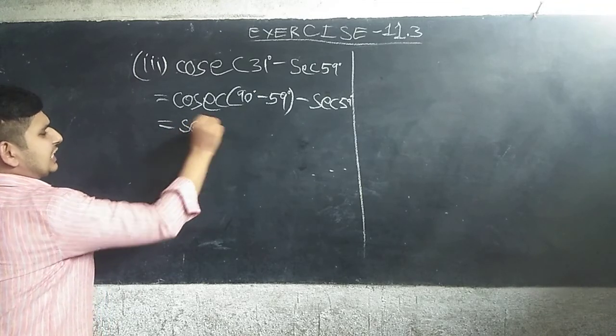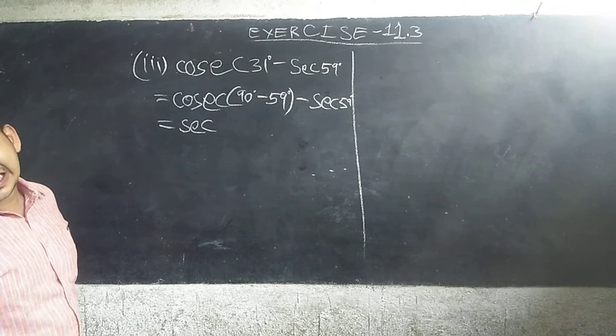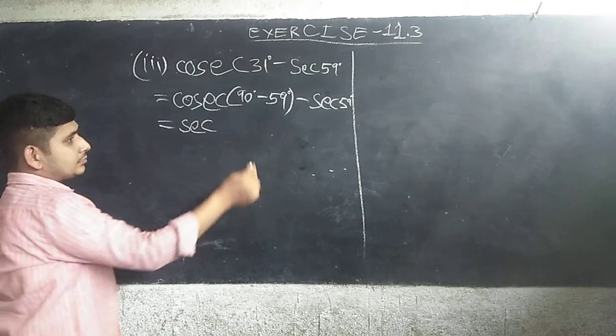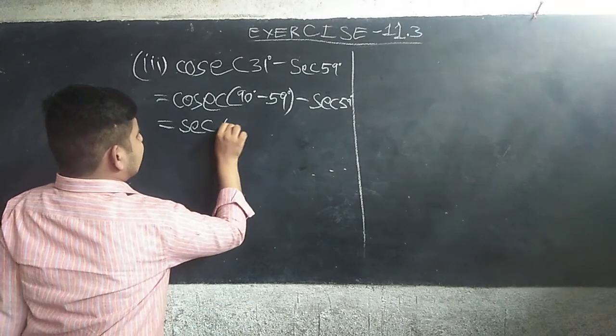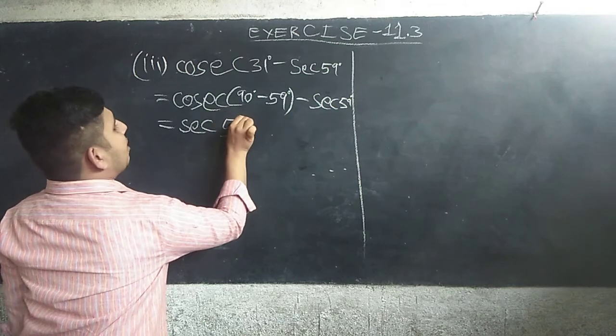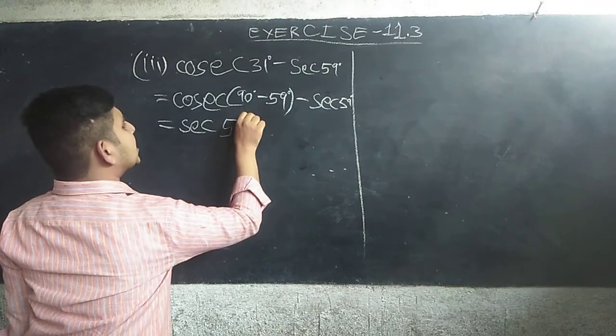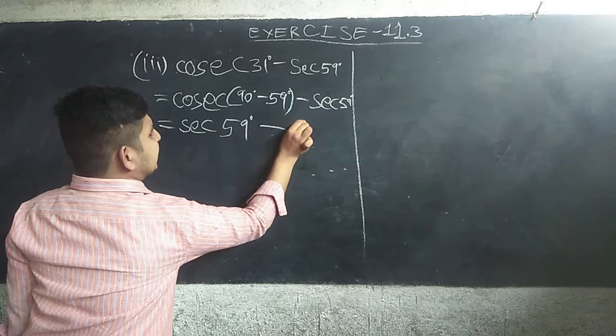Why? Because cosec 90 minus theta equals sec theta. So sec 59 degrees minus sec 59 degrees.